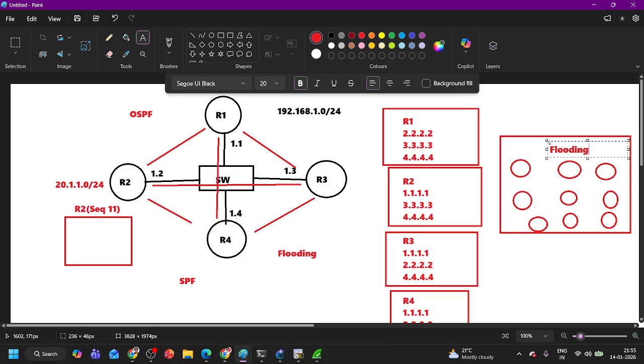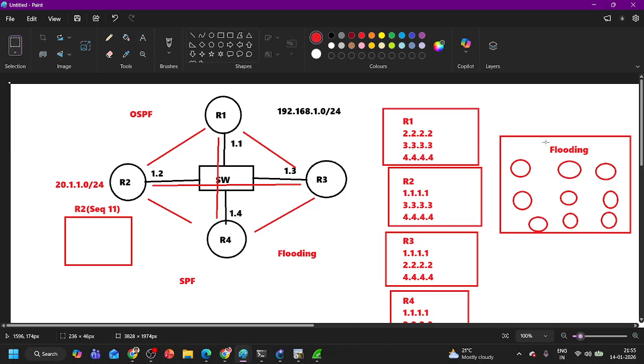At that time, no one can exchange other data. If two students are talking with each other, at that time they cannot listen to their friend's words because of the flooding. How can we avoid this flooding in the classroom? By electing a monitor, right?